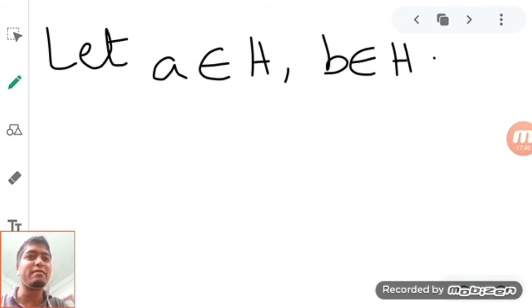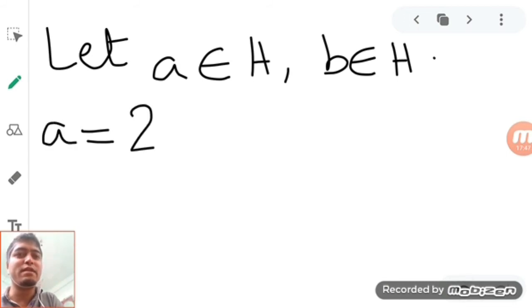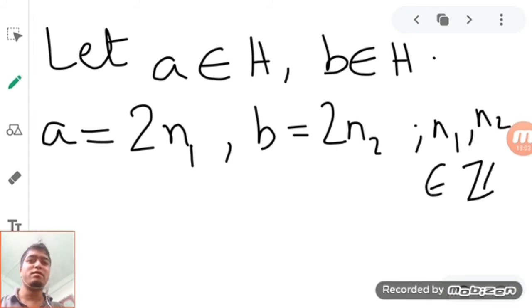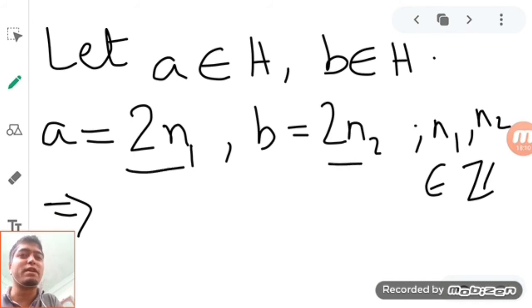What I can write down is, because it is an even integer, it is a multiple of 2, so a will be equal to 2n1 and b equal to 2n2, where n1 and n2 belong to the integers. So a can always be written in this way, because it is an even integer, a multiple of 2.